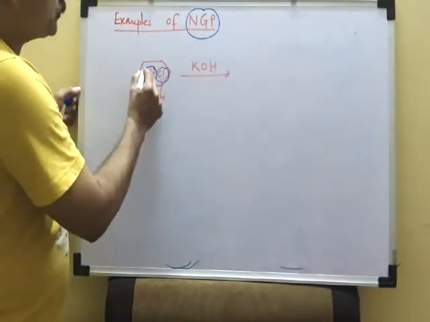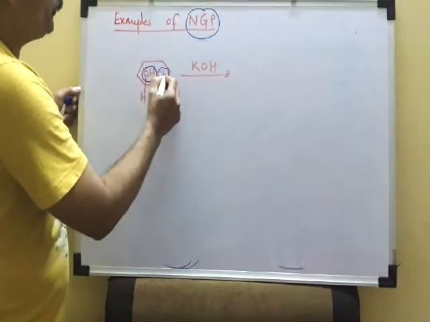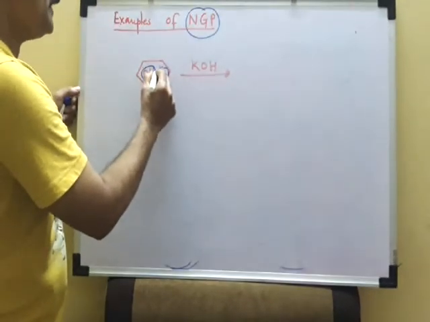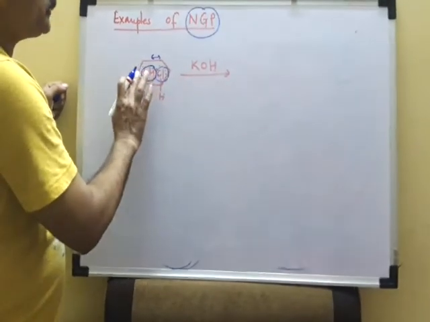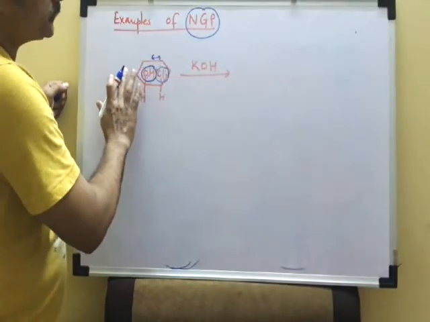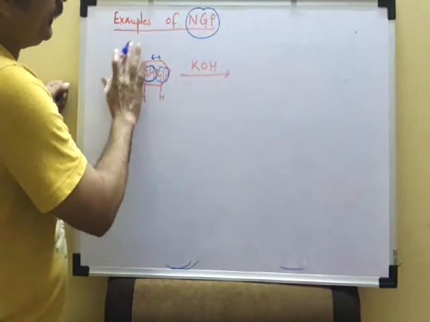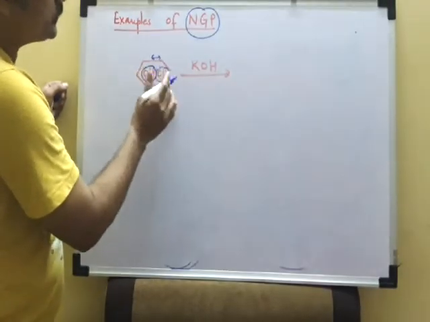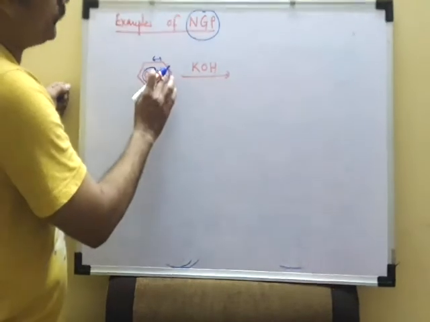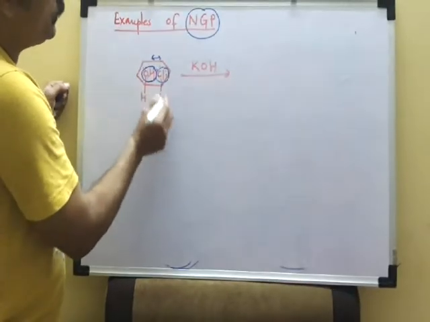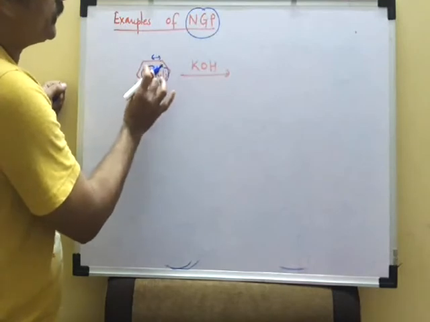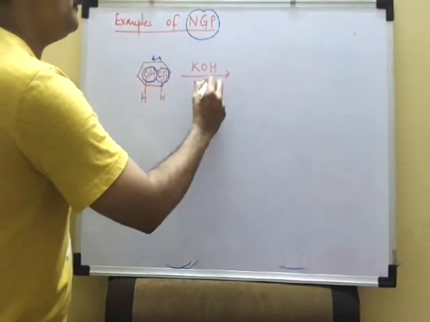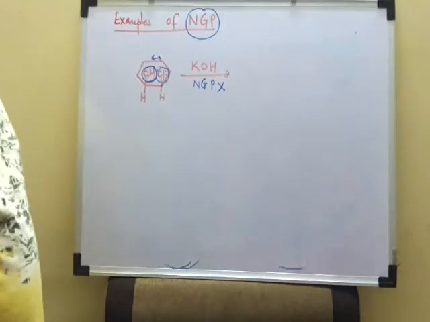And again, there are 2 lone pairs over O and 3 lone pairs over Cl. So there is a repulsion. So this OH is not actually attacking this carbon. This is not possible because there is repulsion. The position of Cl is not away. It is quite close. So in this case, NGP is not possible.